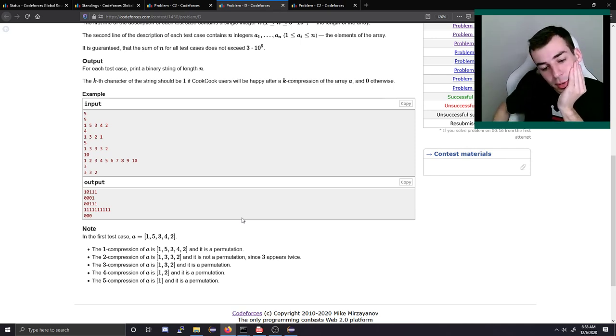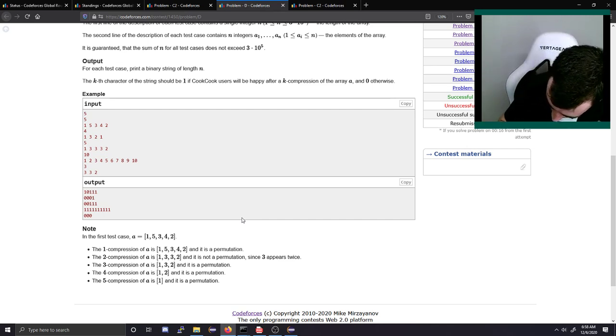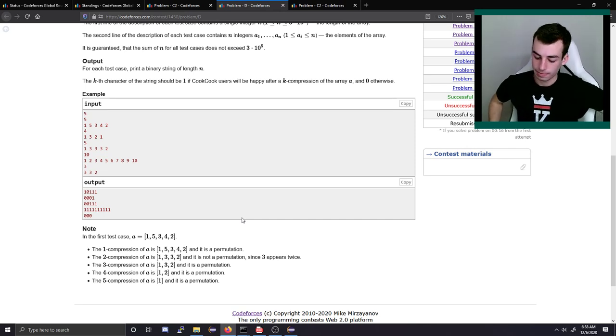That's the minimum it can be. What's the maximum it can be? Maximum size allowed would be that. Anything else doesn't work.